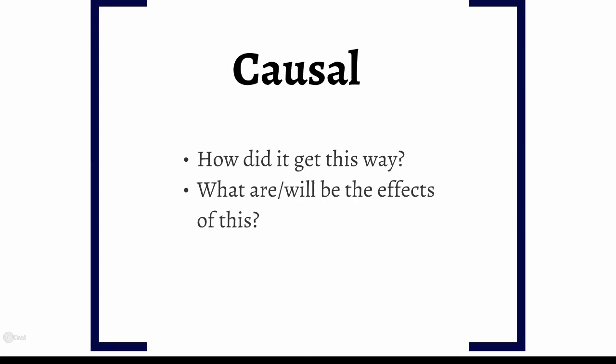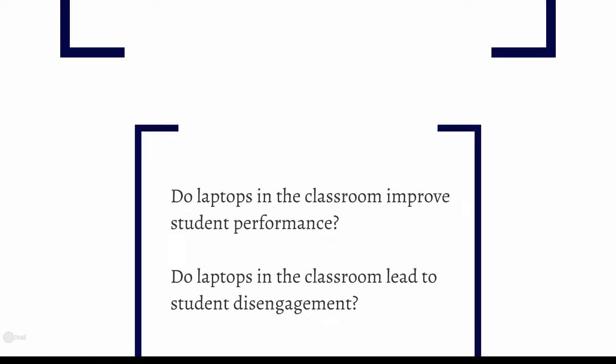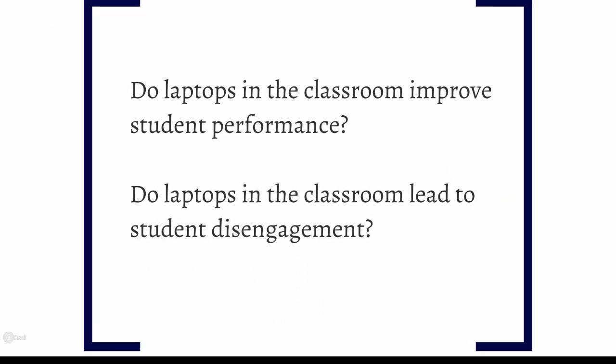The next category, or stasis, is causal, cause-consequence. How did it get this way, or what are or will be the effects of this? What are the possible consequences? With laptops in the classroom, we're generally thinking about impacts or effects, like do laptops in the classroom improve student performance?